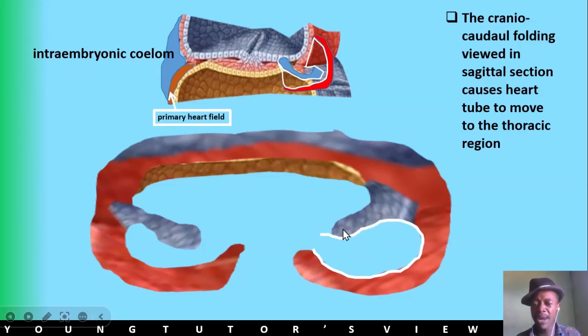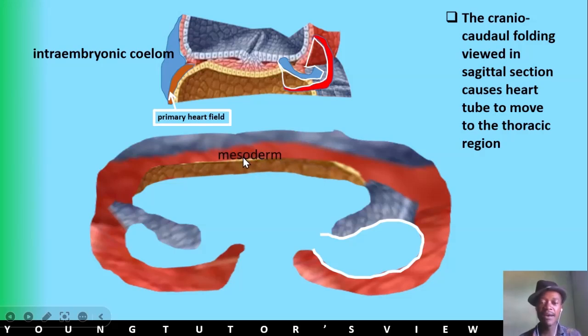So we have the primary heart field, and we say that the cardiogenic area is not just going to have the primary heart field alone. So where is the secondary heart field coming from? Let's illustrate that in a minute.